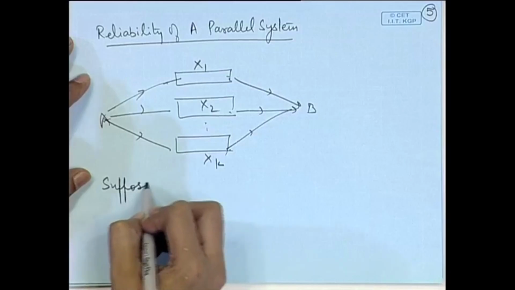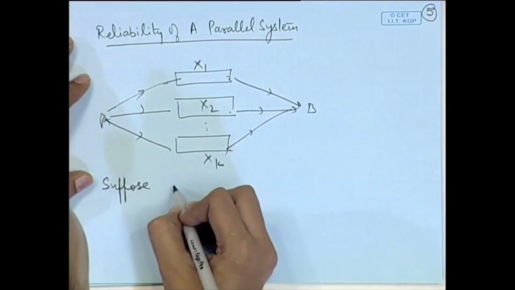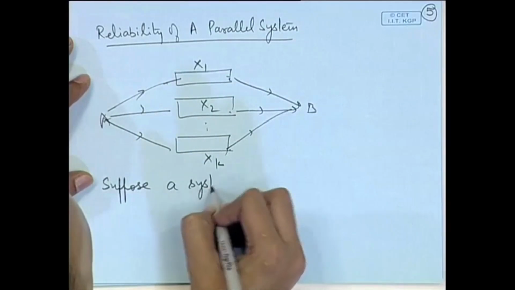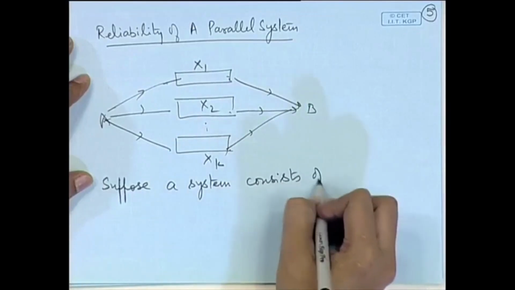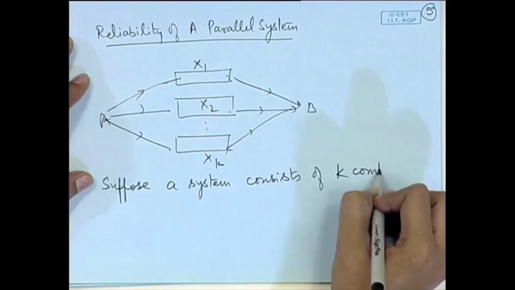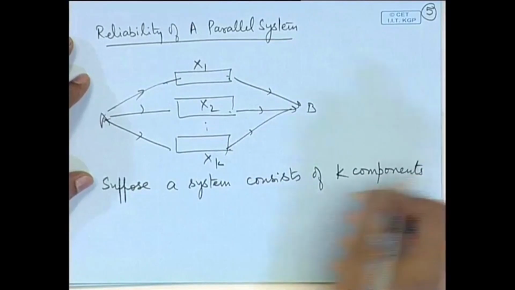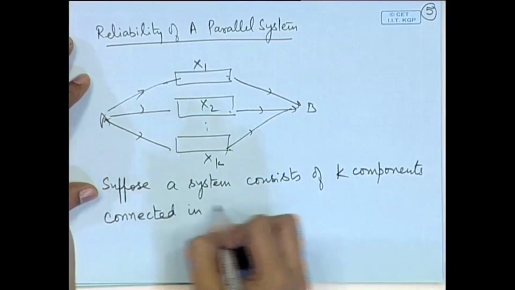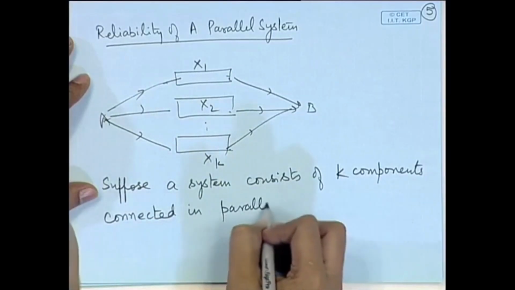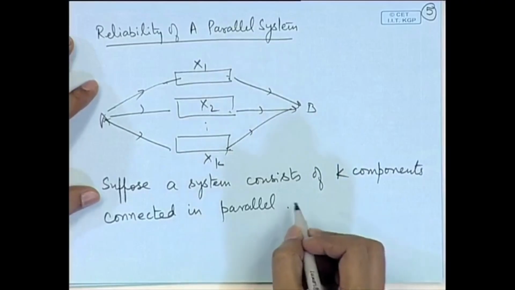Suppose a system consists of k components connected in parallel.